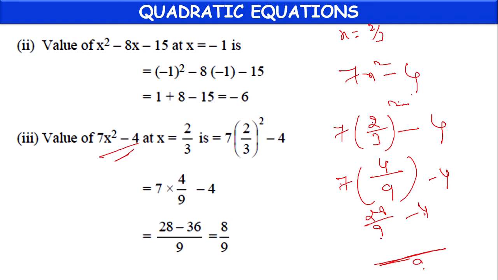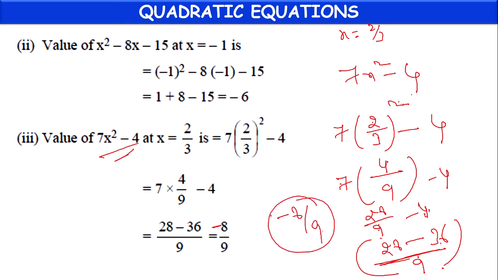We have to take the LCM. LCM is 9. 9 1s are 9, 1 in 28 is 28. Here there is nothing, so directly we multiply: 9 4s are 36. So minus 36 plus 28, so minus 8 by 9. The value of the polynomial is minus 8 by 9.